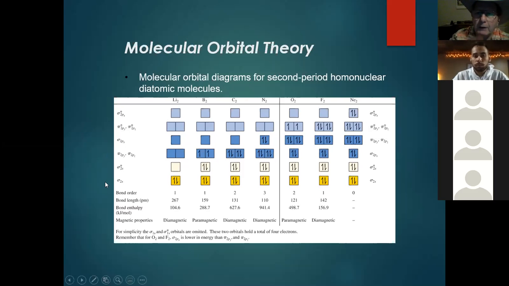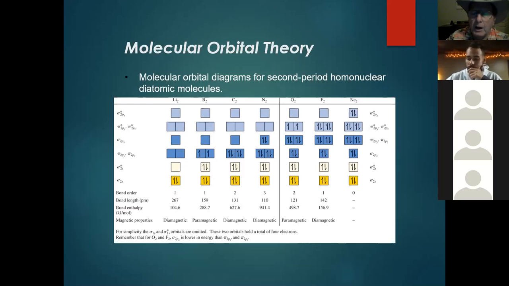My 2s orbital from one lithium and my 2s from the other lithium react to form molecular orbitals of sigma bonding 2s, sigma antibonding 2s. I've got 2 electrons. They go in the lowest energy orbital, so they go into the sigma 2s bonding molecular orbital.